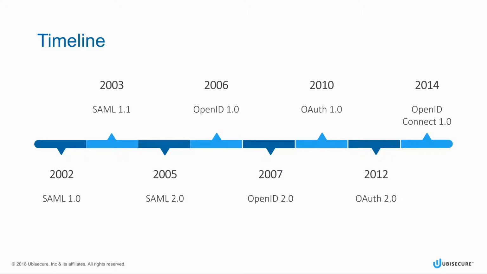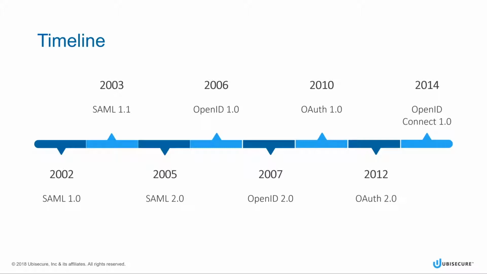Although the core standard was ratified in 2005, there's been continuous development since then, but things have been winding down for that protocol. In its place has been coming a newcomer to the scene, first OpenID, and from that was born OAuth 2 and on to OpenID Connect. And we'll talk about the differences between these three protocols in today's webinar.